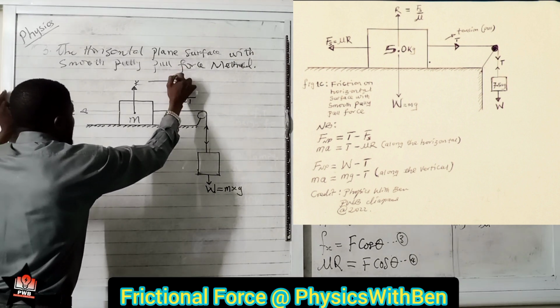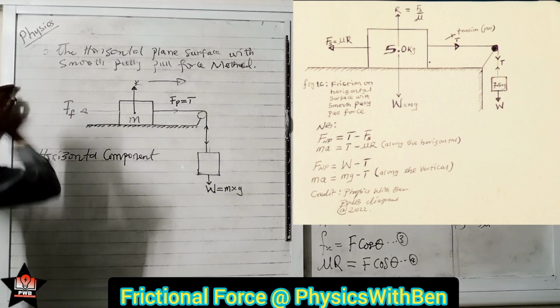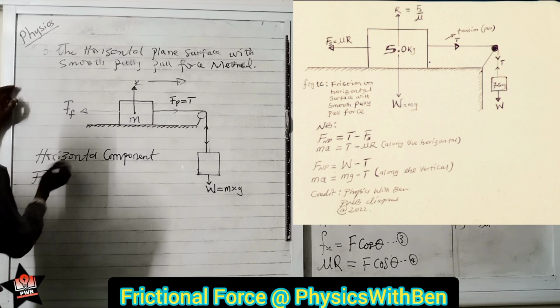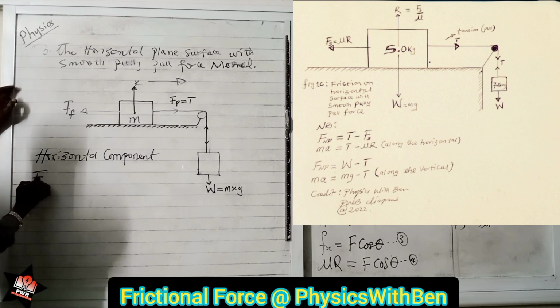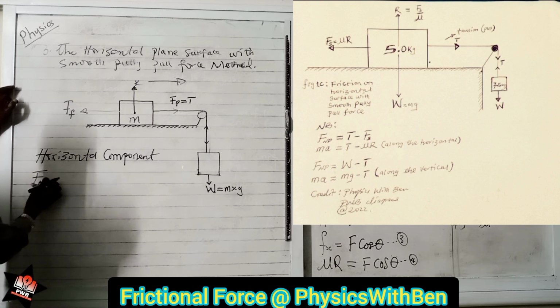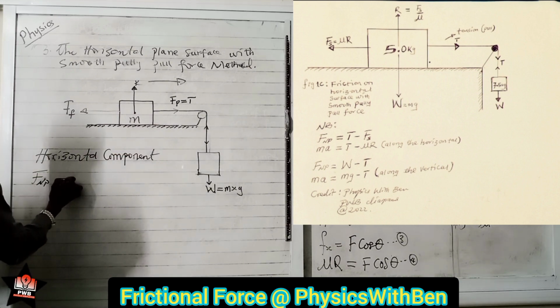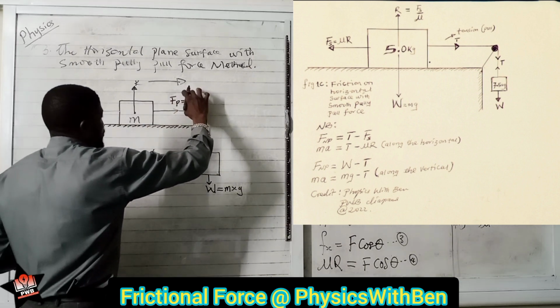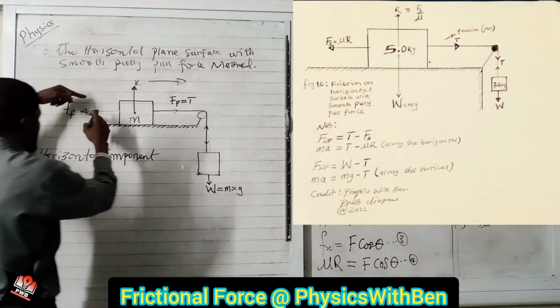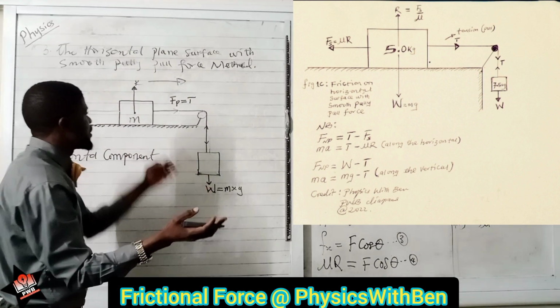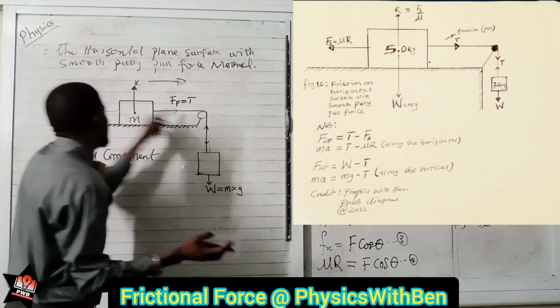So here what you have is this. Your total horizontal force or net force, your total net pull force, since this force has overcome the frictional force, it means that this force is greater than this force.